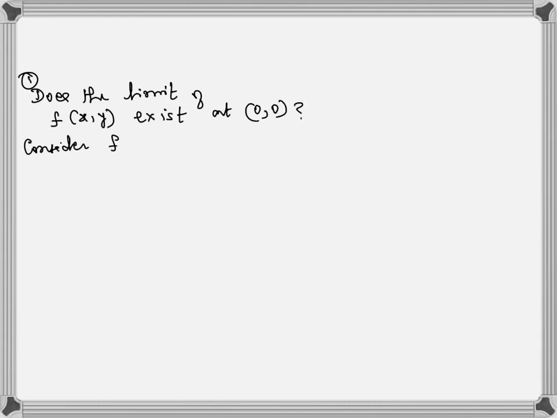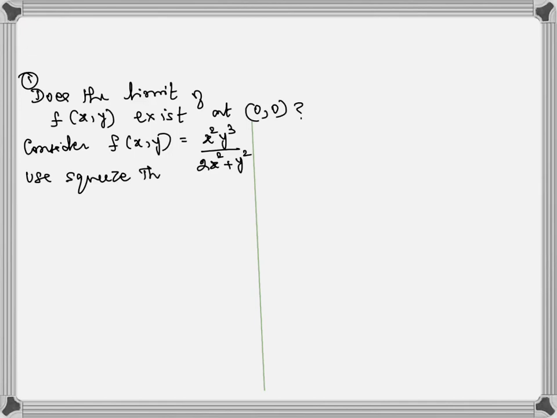So does the limit of f of x y exist at (0, 0) in this case? Consider f of x y, which is x squared y cubed divided by 2x squared plus y squared. Now let's use the squeeze theorem to prove the limit exists.